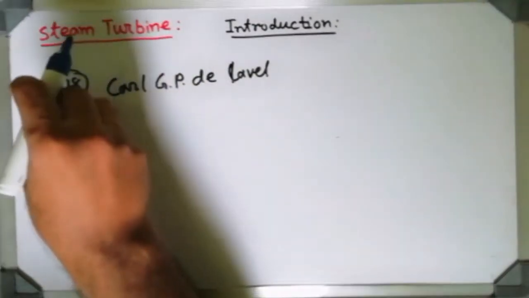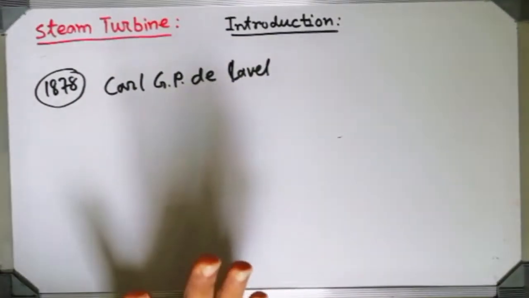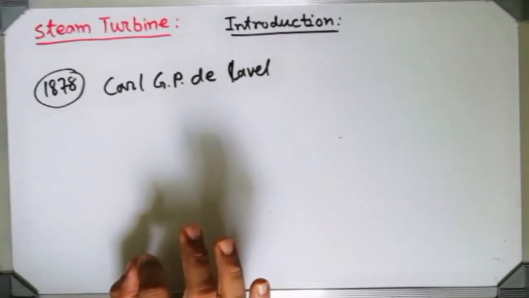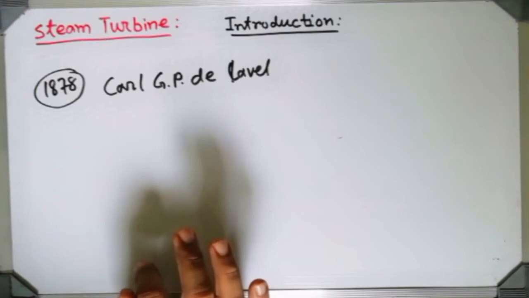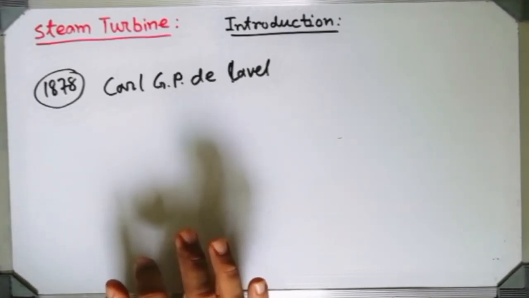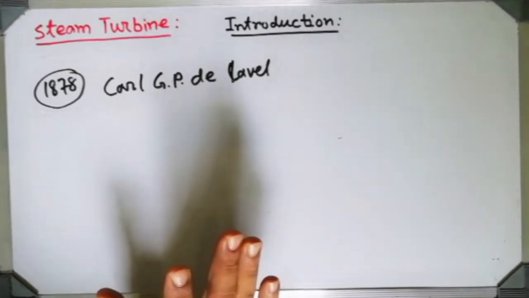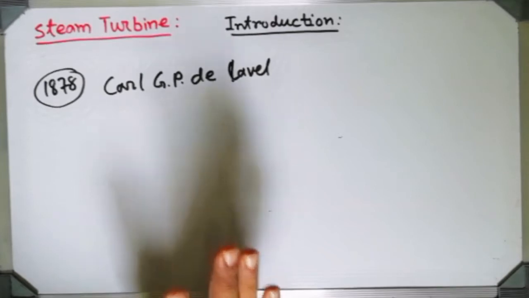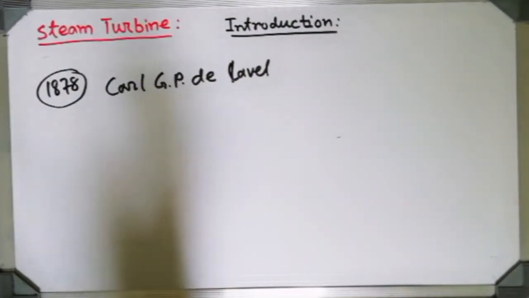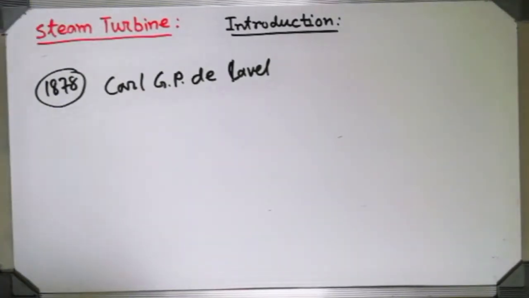So you can see that it is a very old device actually, and till date the steam turbine is a very efficient prime mover that is still in practice. In thermal power plants, nuclear power plants, as well as in ships and submarines, they are all using steam turbines very efficiently. It is a very good prime mover actually.